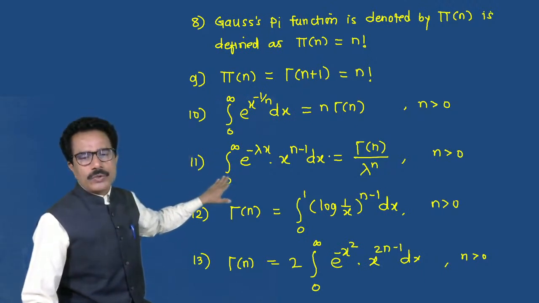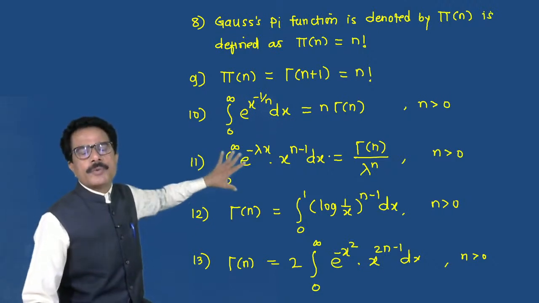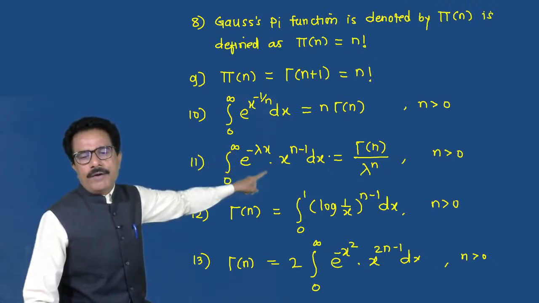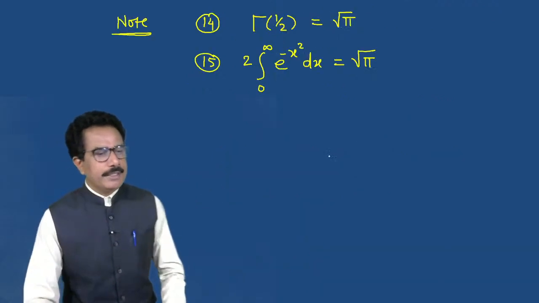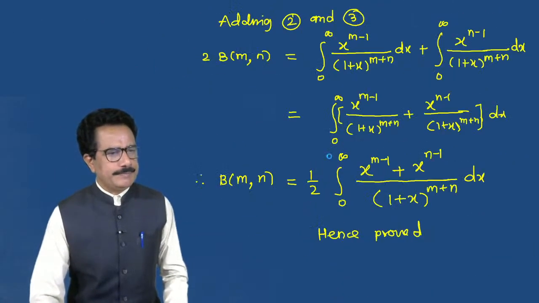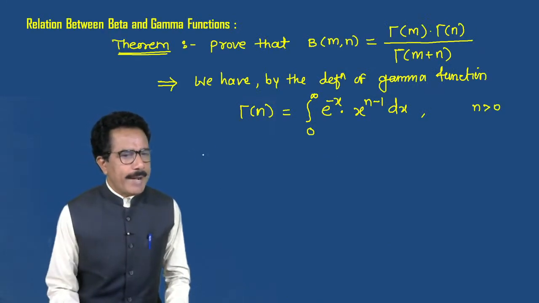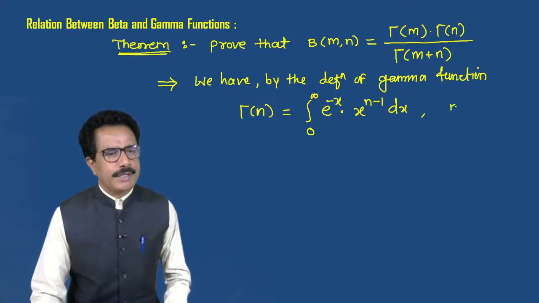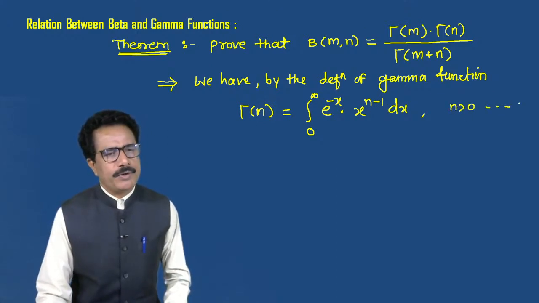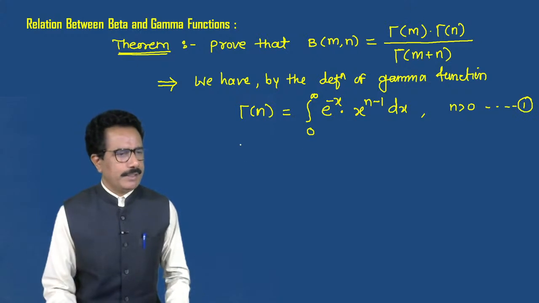So we have to use the transformation of a gamma function. Okay, we have proved this already. So gamma of n is equal to, take the lambda on the left side in division. So by the transformation of a gamma function we write, n greater than 0. Suppose this is equation number 1.